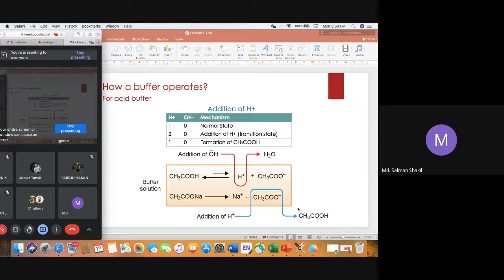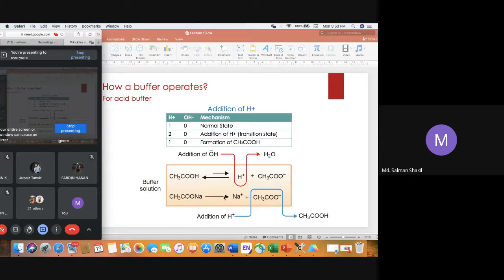Yes, sir. Okay, so as this is a weaker acid, so that means it will dissociate less. So if it dissociate a less portion, that means the pH will not increase that much, right? And the total system pH will be fairly same, though we are adding a bit of acid, right? Is it clear? Yes, sir.